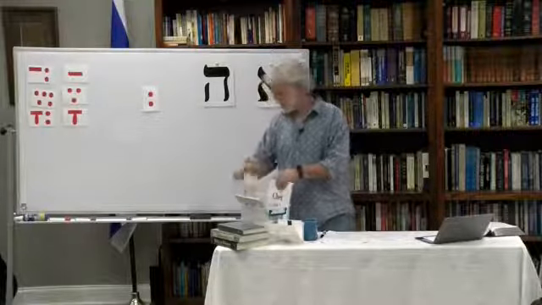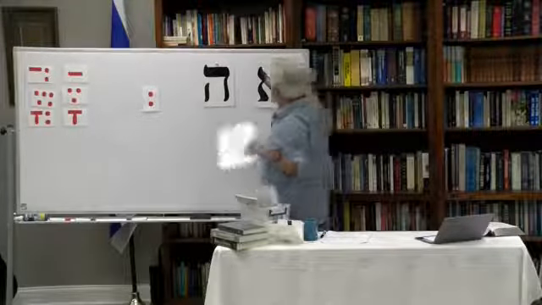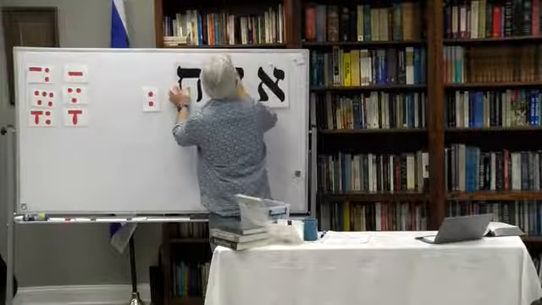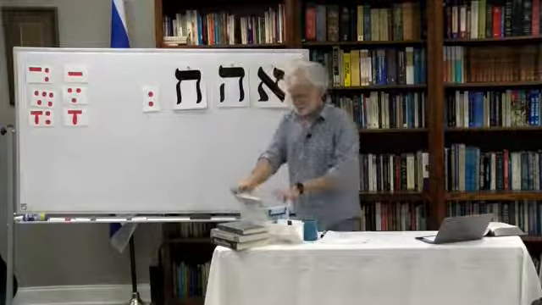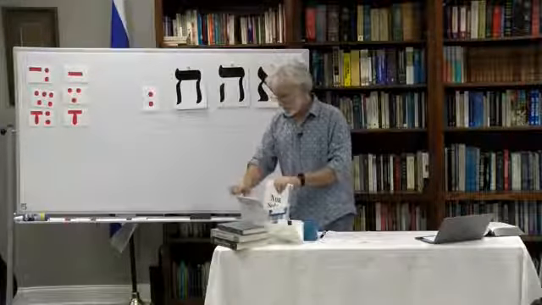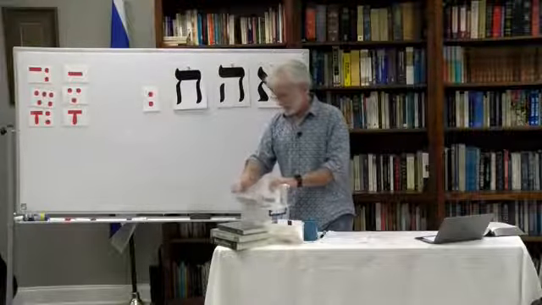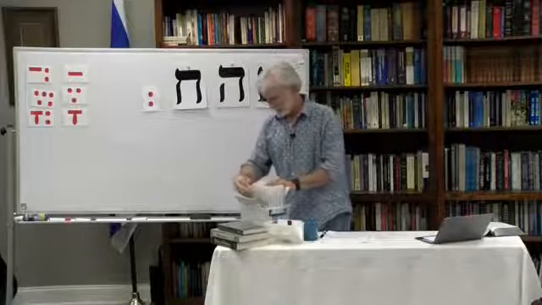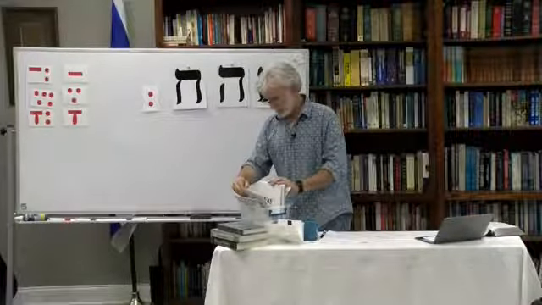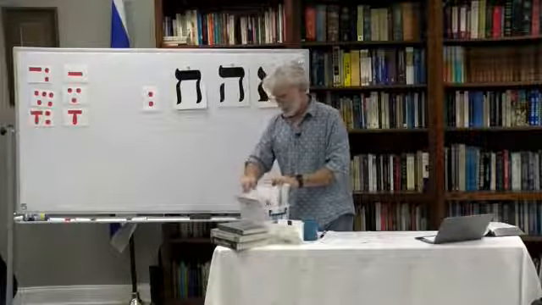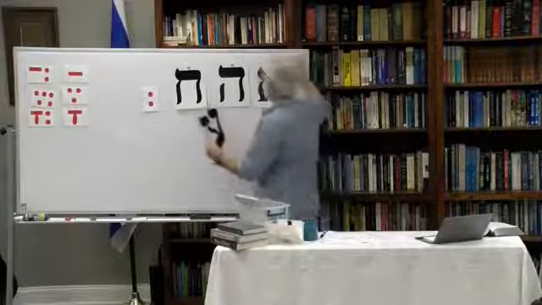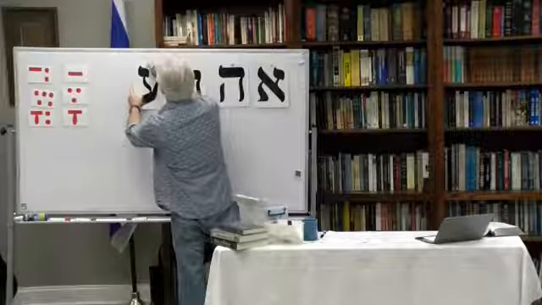So what does that mean? We're going to put the gutturals up here so that we can make a different point tonight, so that we can demonstrate what I'm talking about here.